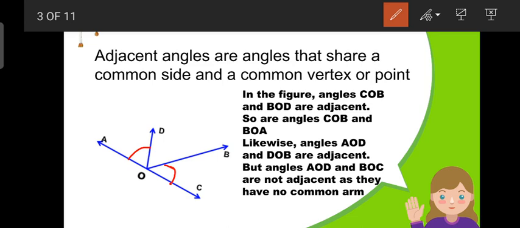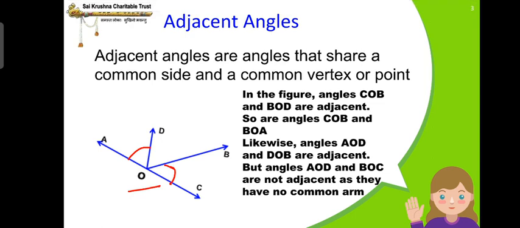Even though they are part of a linear pair, they are not adjacent angles because they do not share a common side or common arm. Even though they share a common vertex O, they do not share a common side, therefore they are not adjacent angles. Clear with adjacent angles?